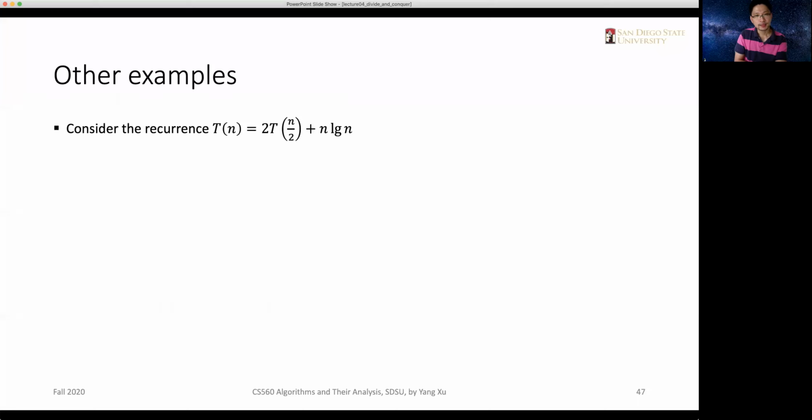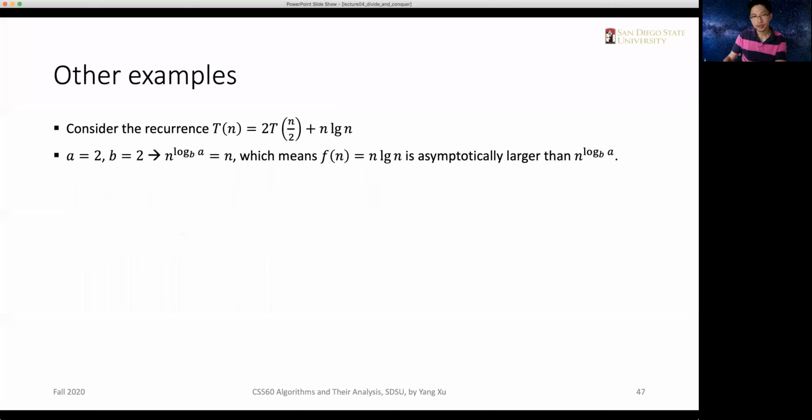So yeah, I think this is the example we're going to go through. a equals 2, b equals 2, so the polynomial term is a linear function, right? A linear function. But when we compare the linear function with f of n equals n times logarithm of n, it is indeed an upper bound for this polynomial function, right?